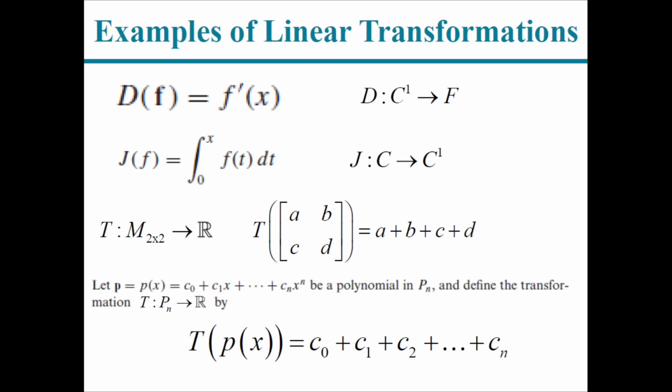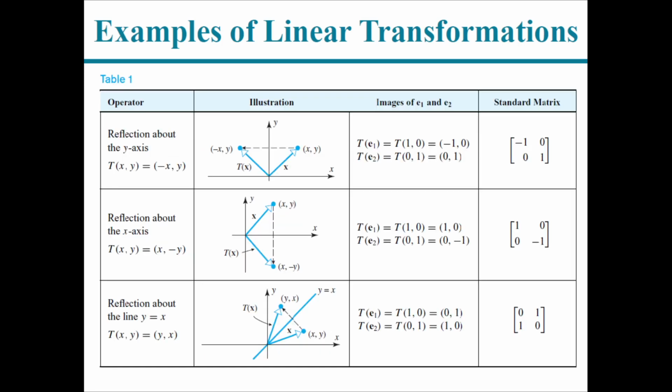So what I want you to see is that linear transformations can transform objects that are not just numbers and vectors. They can transform matrices, functions, polynomials into other objects. Could be real numbers, could be vectors, could be other polynomials.